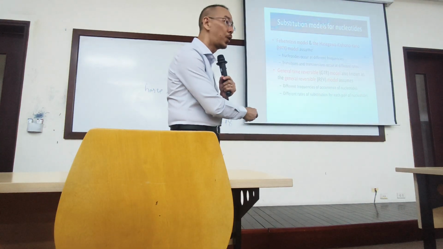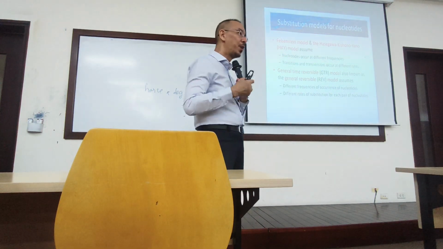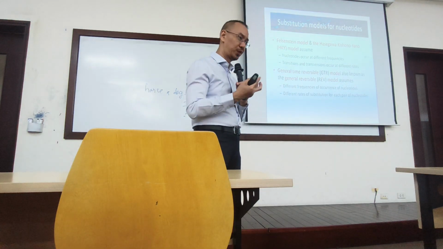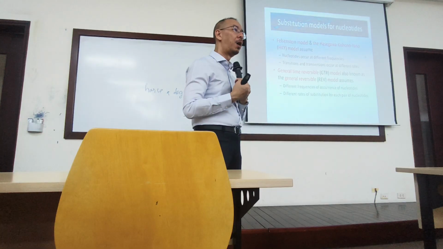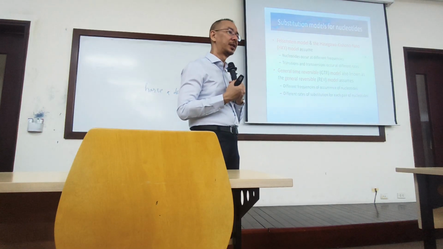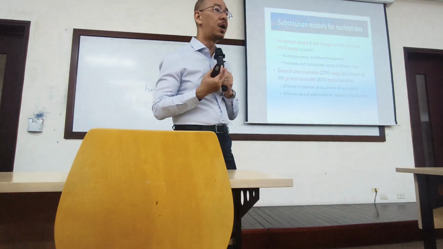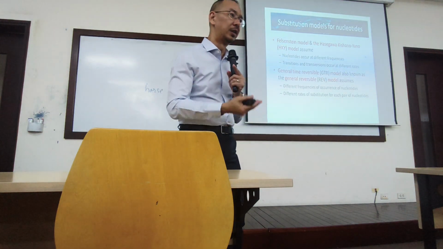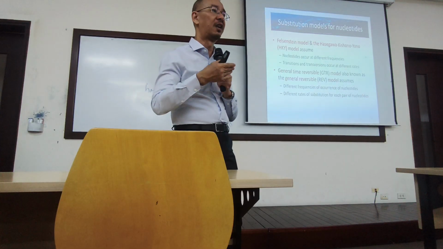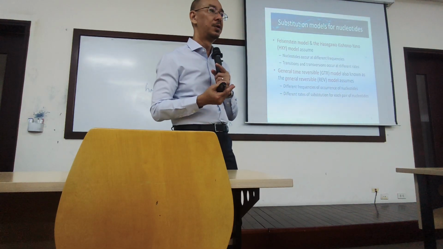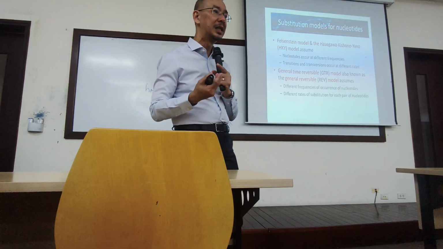Just to show you different models, that means different assumptions, simple or more complicated. If the assumption is more complicated, the tree is more reliable, because it reflects the truth that happens in nature.